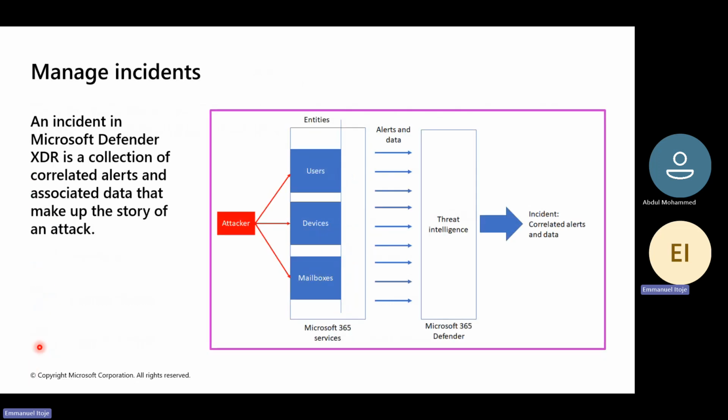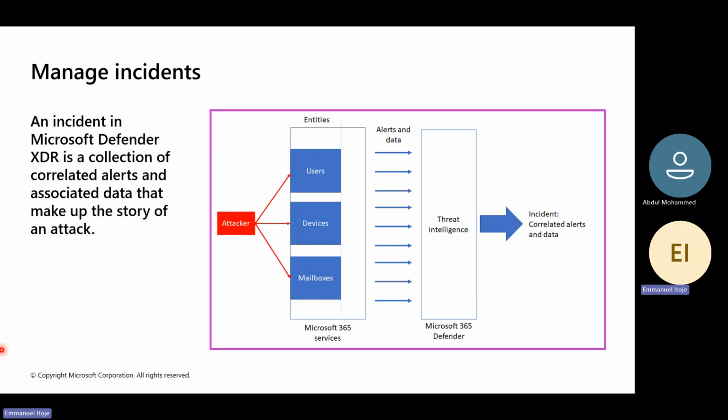Now, when we talk about managing incidents in Microsoft 365 Defender XDR, Microsoft Defender XDR provides cross-domain threat correlation and a purpose-driven portal to investigate threats. Incidents are based on related alerts created when a malicious event or activity is seen on your network.